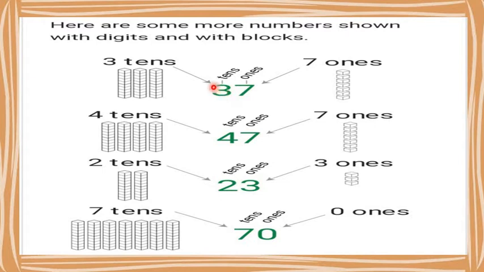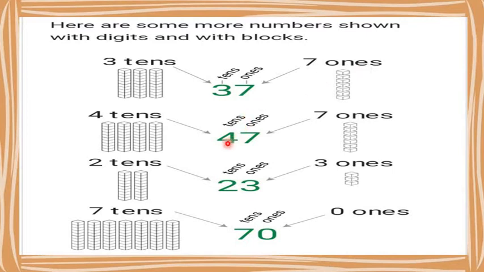So 3 stands in the place of tens, meaning 3 tens, and 7 stands in the place of ones, meaning 7 ones. So we can say that 3 tens and 7 ones is equal to 37. Or if we want to say it like that, 37 is equal to 3 tens and 7 ones.